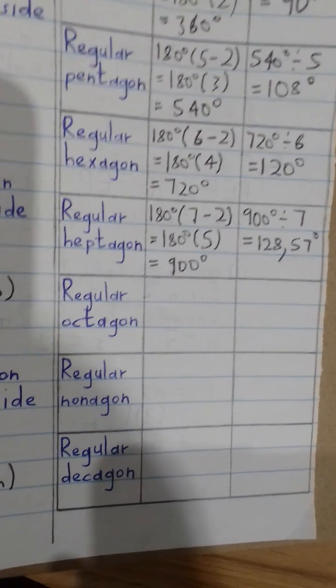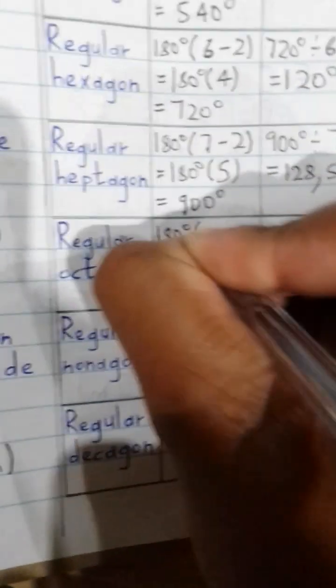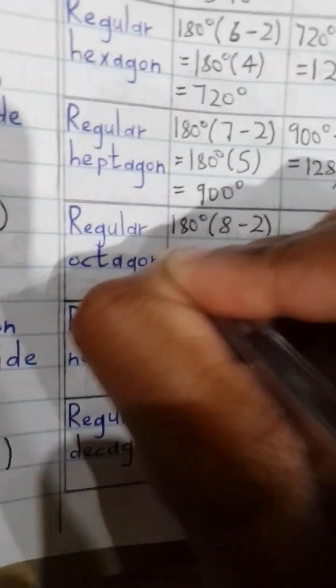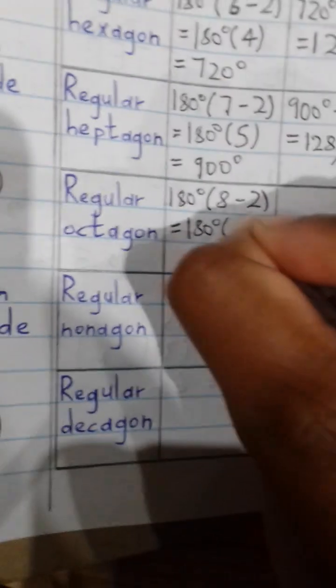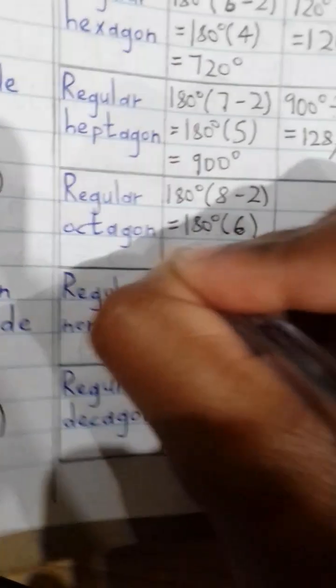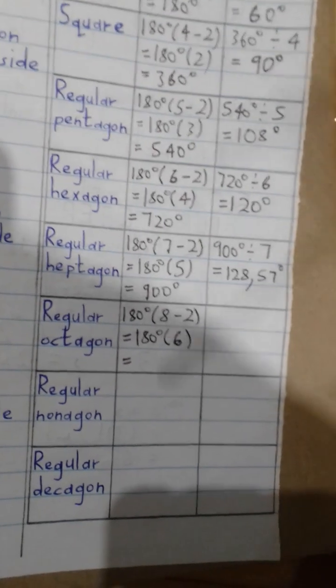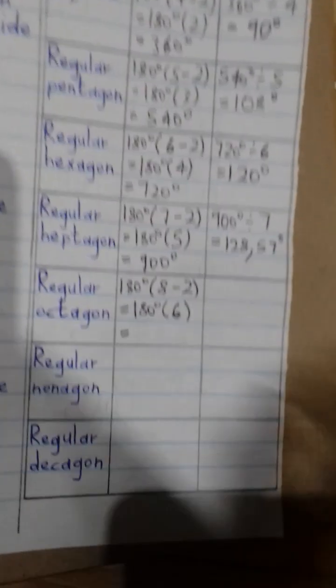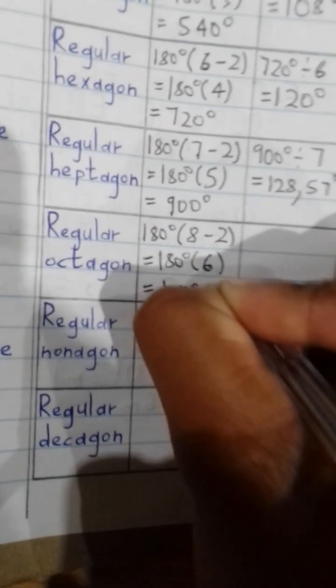Regular octagon, the sum of the interior angles is going to be 180 degrees times 8 minus 2. 8 minus 2 is 6. So it's 1080 degrees.